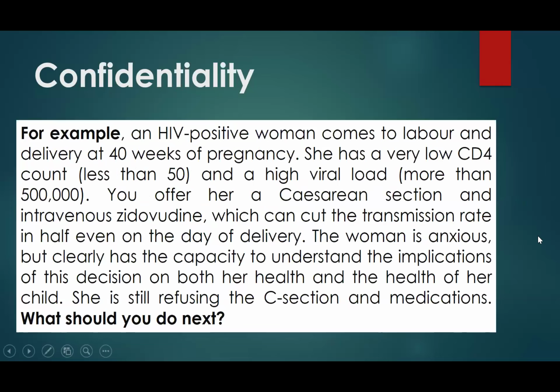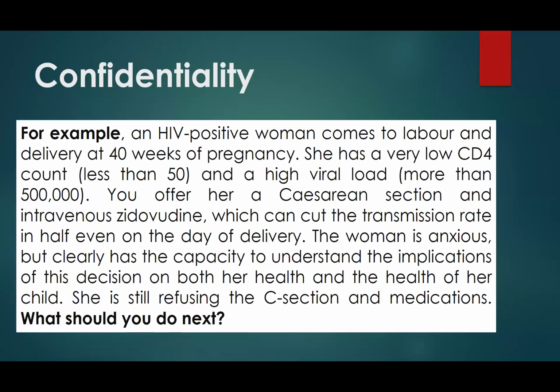Another example is an HIV positive woman who comes to labor and delivery at 40 weeks of pregnancy. She has a very low CD4 count, less than 50, and a high viral load, more than 500,000. These figures tell us that the virus could be transmitted to the baby.